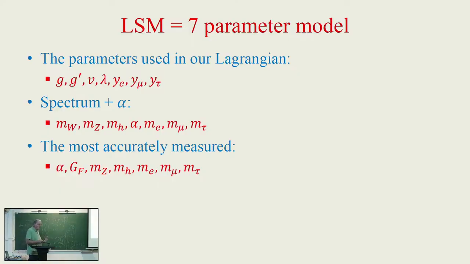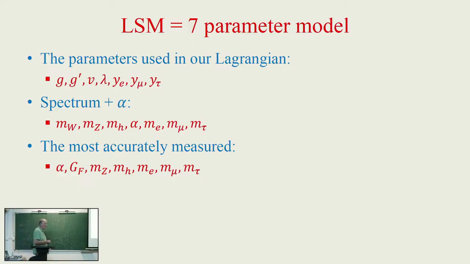Another, just to show that there are many ways in which you can fix and many ways in which you can test the model, is to use 6 dimensional observable parameters and 1 dimensionless: the masses of the W, the Z, the Higgs, the electron, the muon, the tau, and alpha, the QED coupling constant.